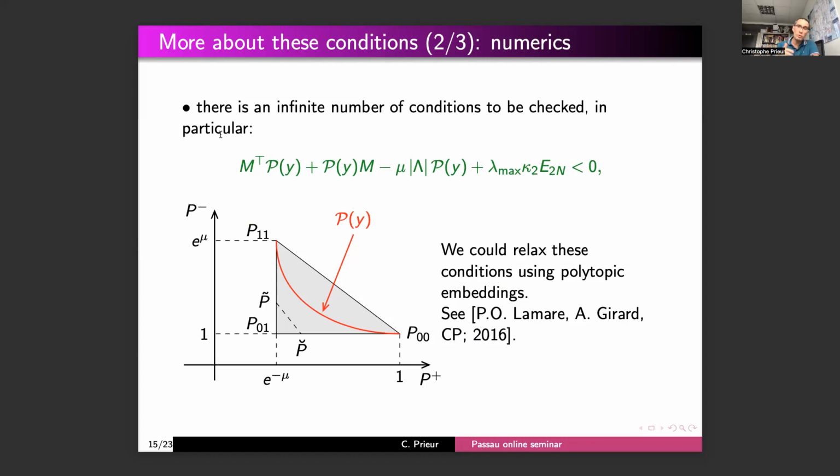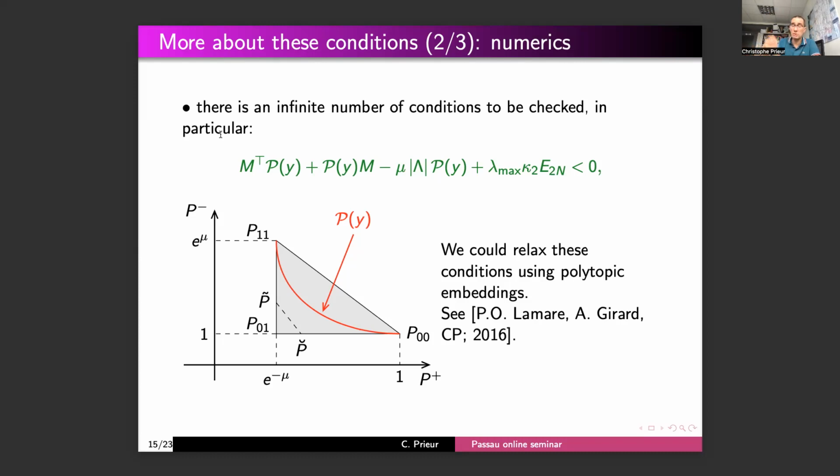But we can deal with relaxation, and since the P of y is just an exponential, either exponential of mu y or minus mu y, you can relax this infinite number of conditions into a finite number of conditions, which gives you a conservative sufficient condition.